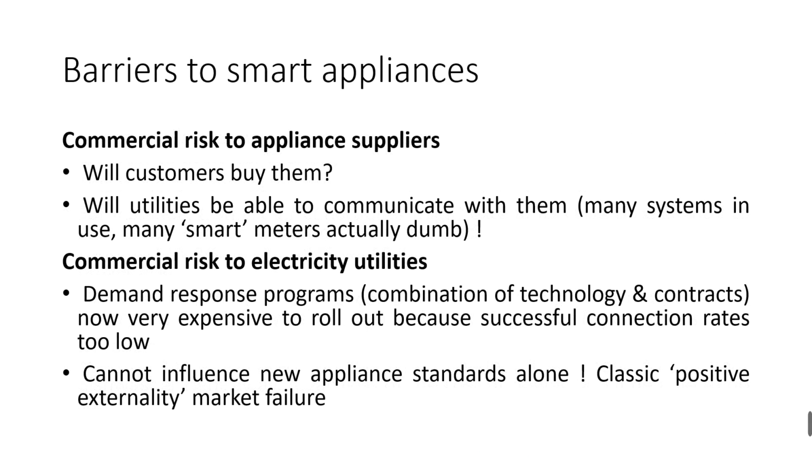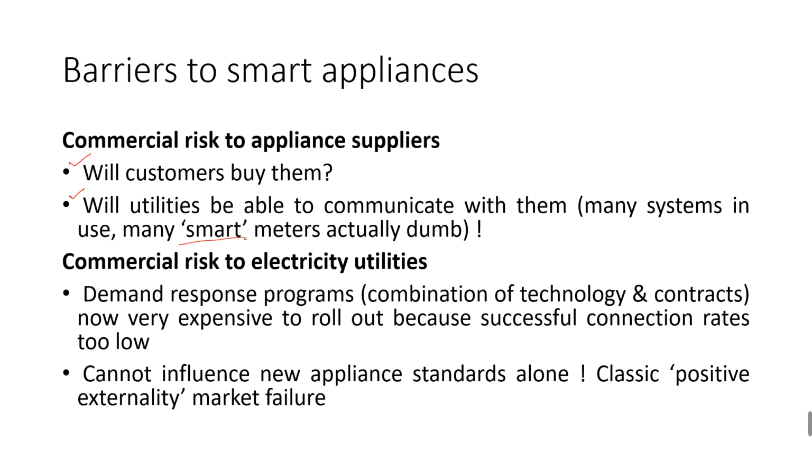Then what are the different barriers to smart appliances? The first is commercial risk to the appliance supplier. They are a little bit hesitant about whether customers will buy them, and next, whether utilities will be able to communicate with them.